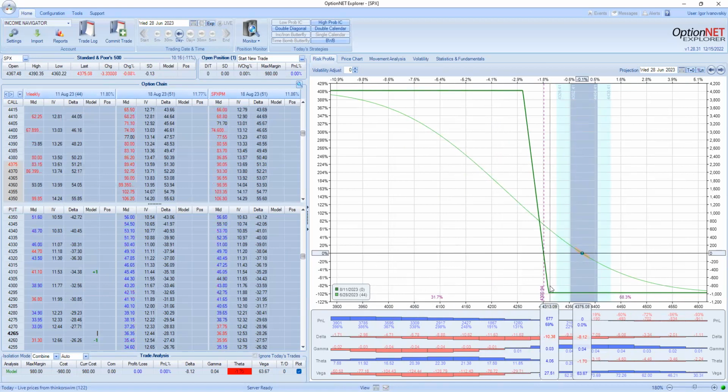And just like I said with the 112, does it have to be 50 points wide? No. Does it have to be 50 points wide for 10? No. Right? You can do a 50-point wide for $5, which means the same put debit spread, but for less of a debit, right?